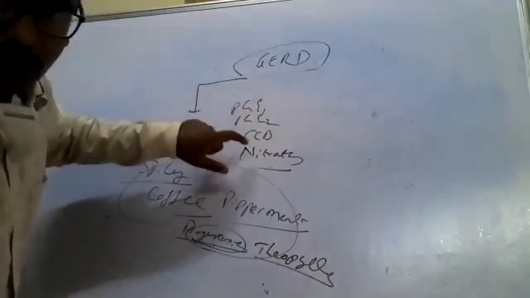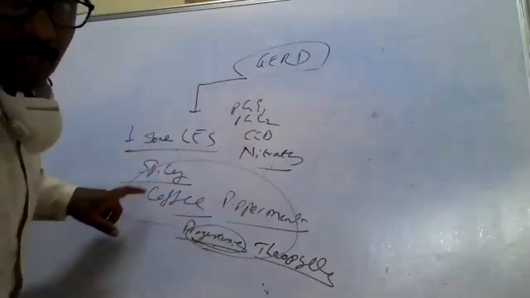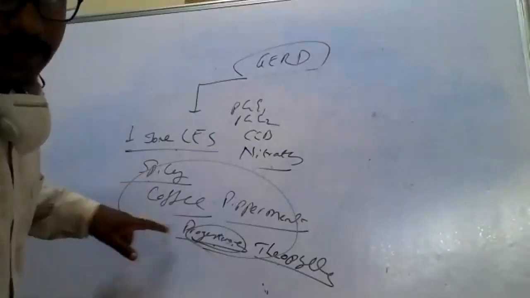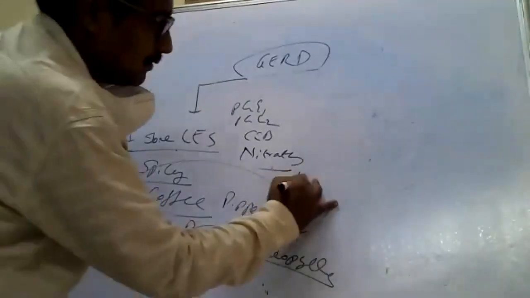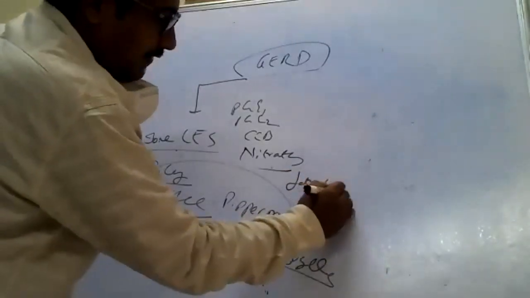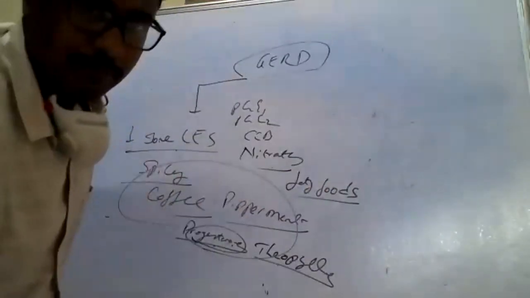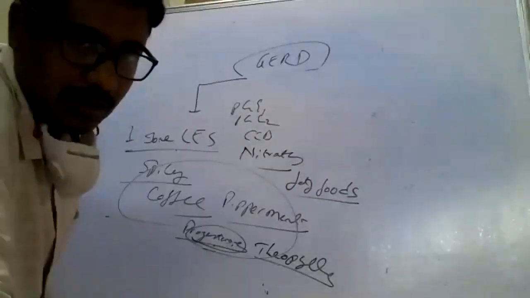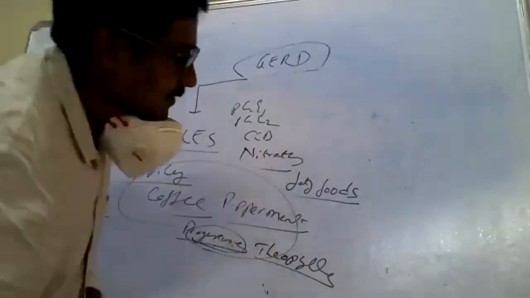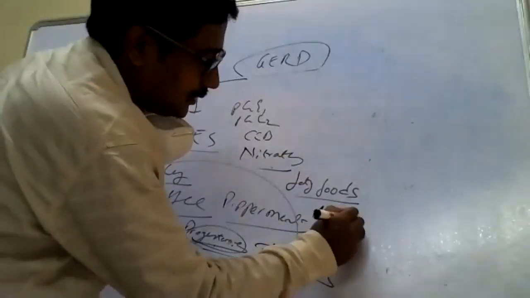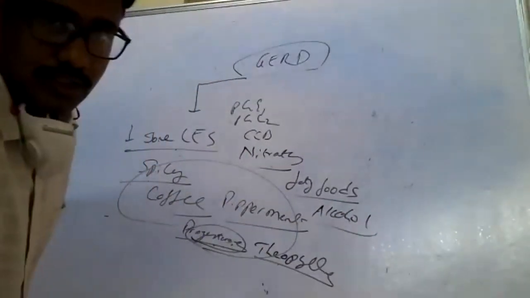Prostaglandins, nitrates, calcium channel blockers, spicy food, coffee, peppermint, progesterone, theophylline, fatty foods. Eating a full chicken at night and sleeping will give you GERD. Eating chicken along with alcohol also relaxes the lower esophageal sphincter.